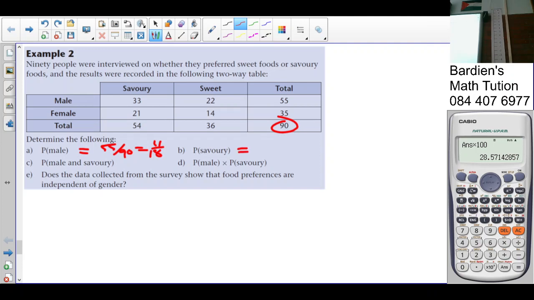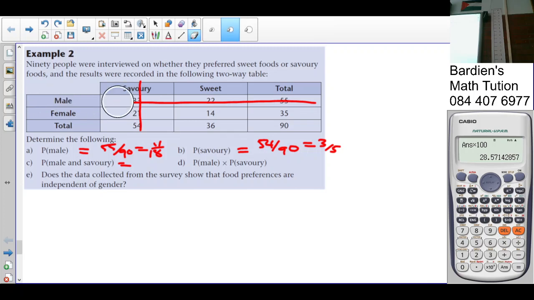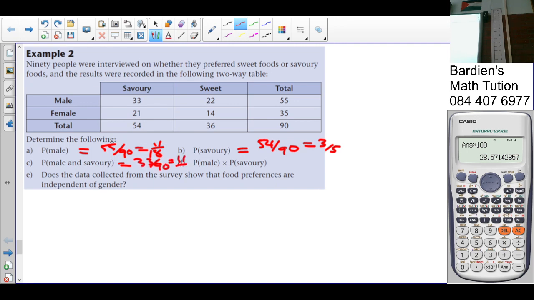Probability of savory: 54 out of 90, which is 3 out of 5. You all agree with that? Probability of male and savory: 33 out of 90, which is 11 over 30.